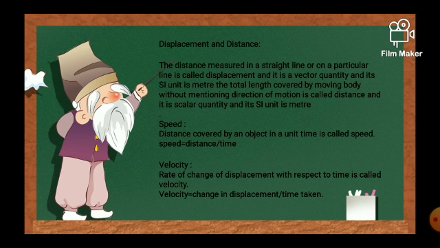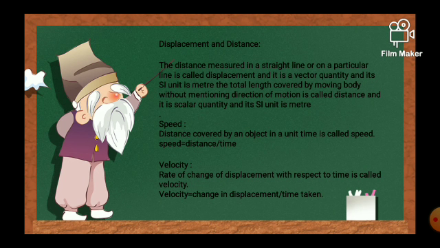Its SI unit is meter per second, because sometimes in some numericals, equations, or derivations, we use v, which is the short form of velocity. Sometimes in place of speed we use velocity, or in place of velocity we use speed.